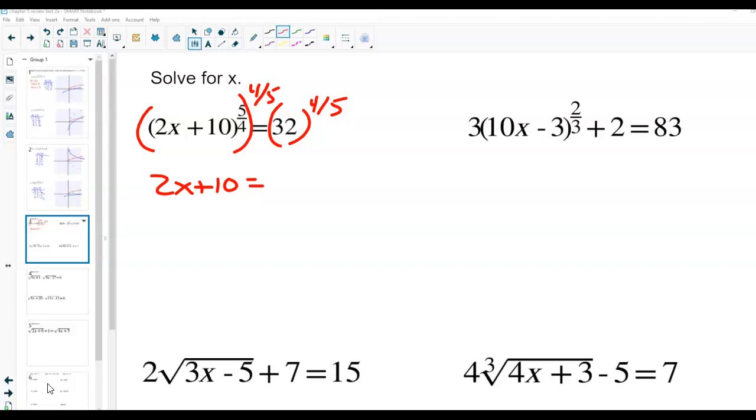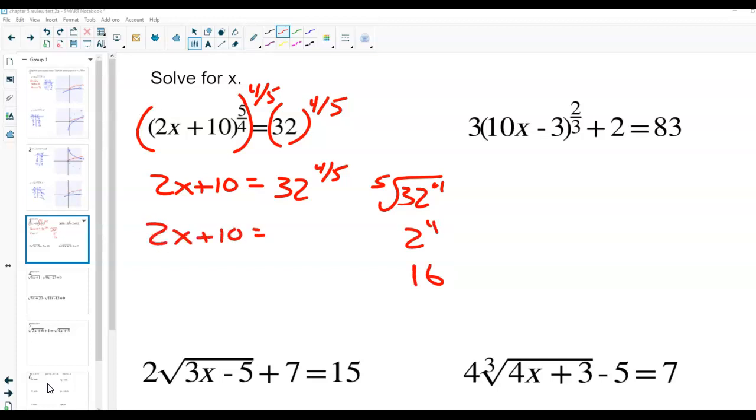That is essentially the 5th root of 32 to the 4th power. What is the 5th root of 32? 2. What is 2 to the 4th? 16. So it's simply 2x plus 10 equals 16. 2x equals 6, and my x equals 3.